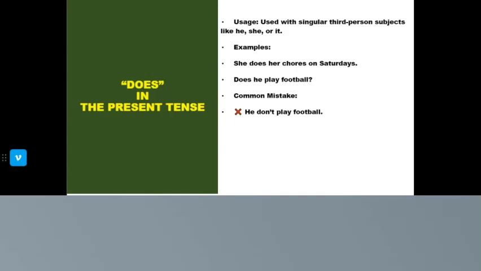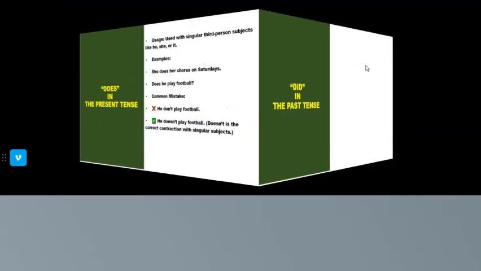You see, he don't. That is wrong, because you cannot use don't or do with a third person singular subject. You use does. So it's correct to say he doesn't play football. Doesn't is the correct contraction with singular subjects. Okay.